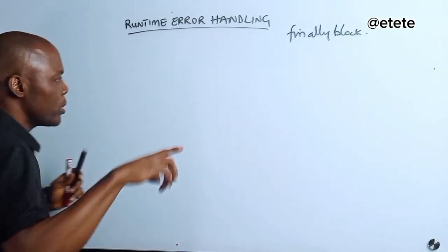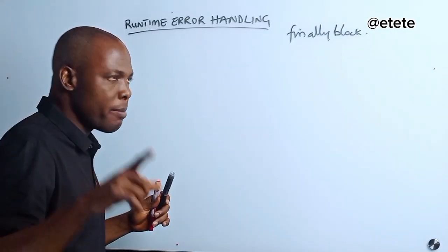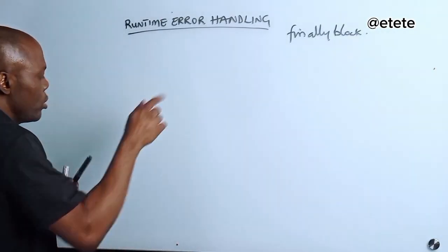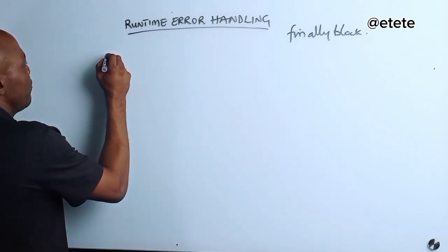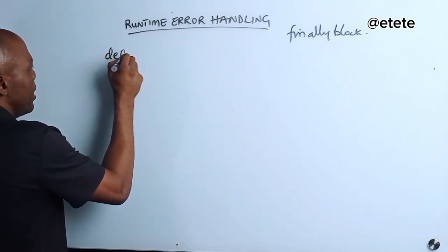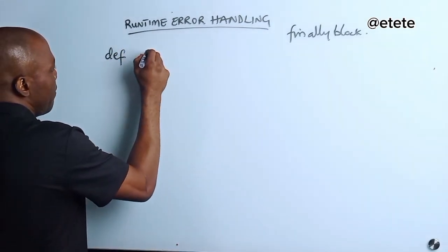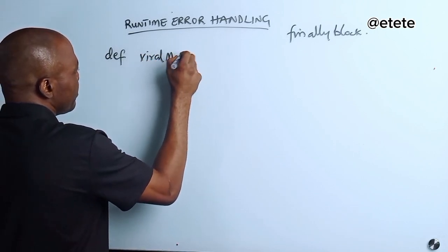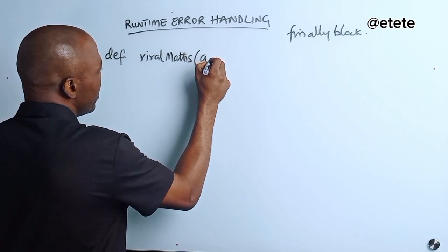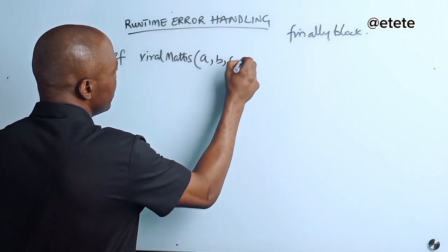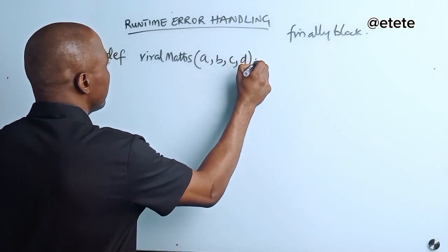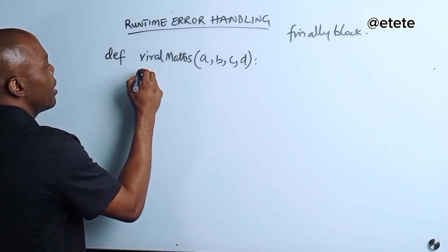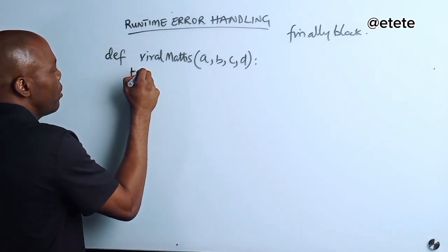So let's still use our VaraMath calculation to do this. I'm going to define my function, def VaraMath, and then I'll say A, B, C, and D. Then I will go in and do my try block.